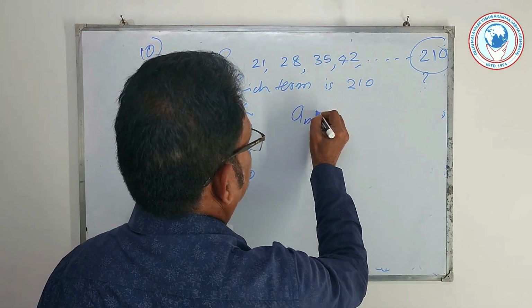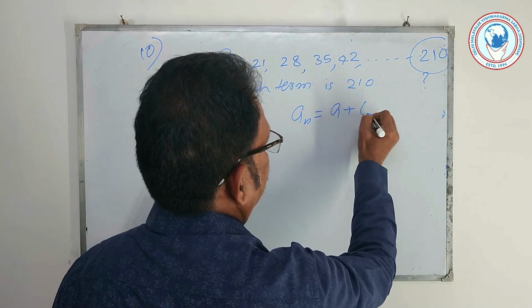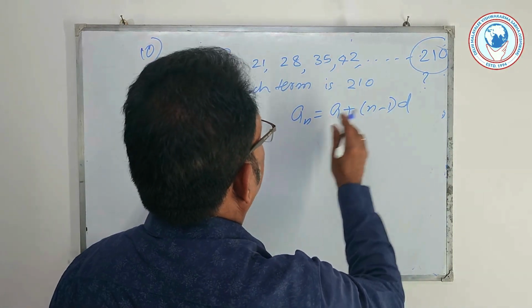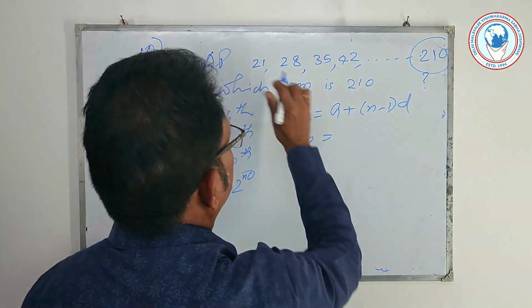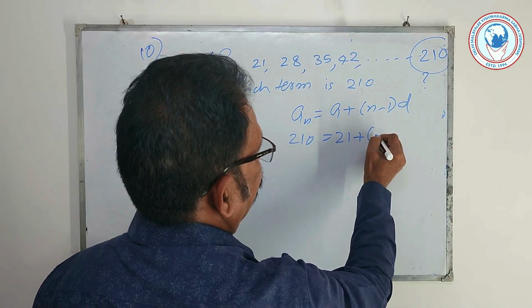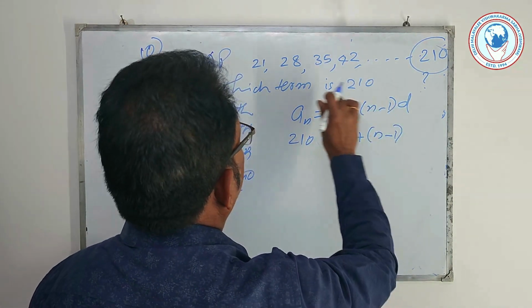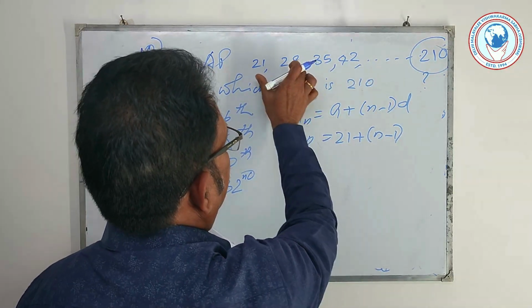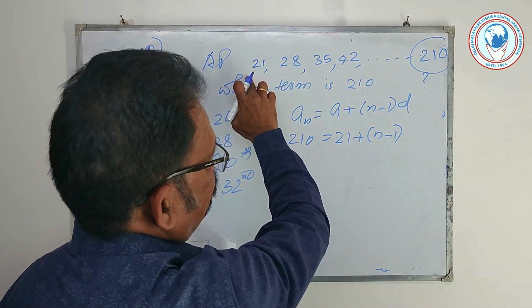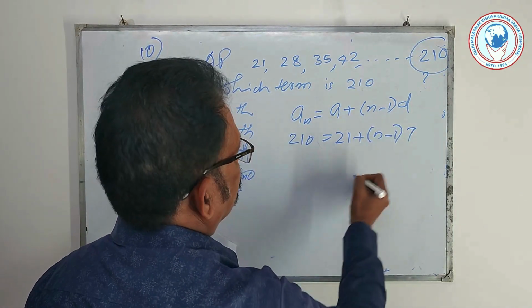So the nth term an is equal to a plus n minus 1 into d. Here the term is 210, the first term a is 21, and we want to find n. The common difference d, second term minus first term, is 7.